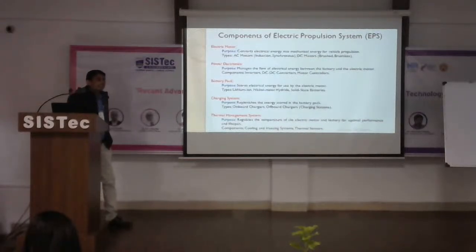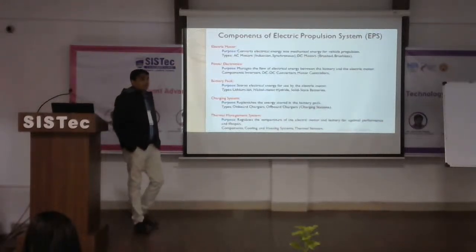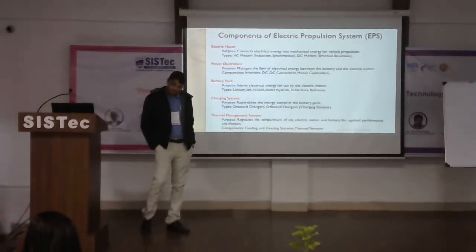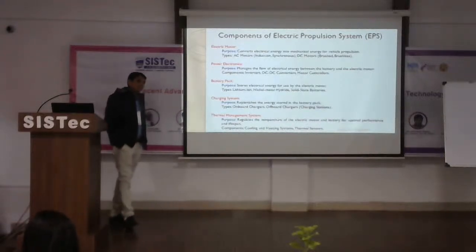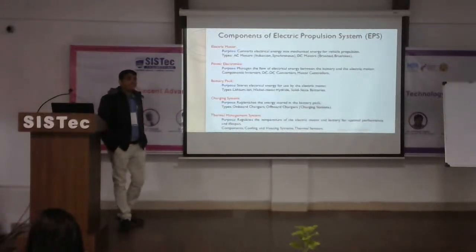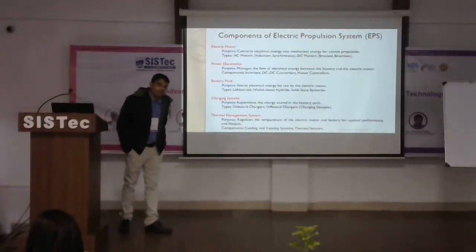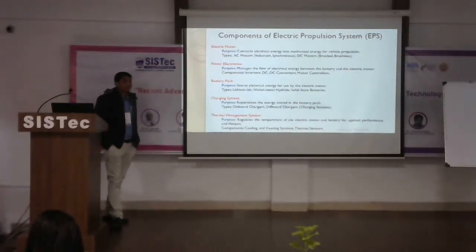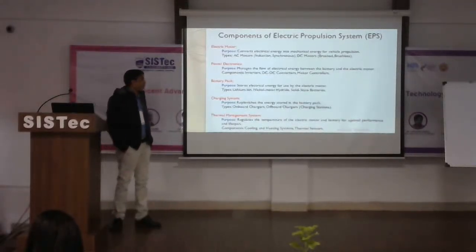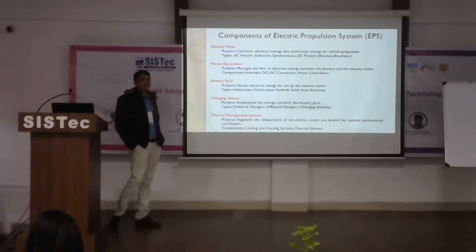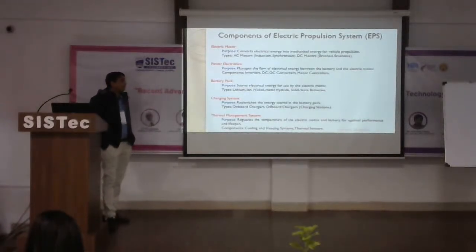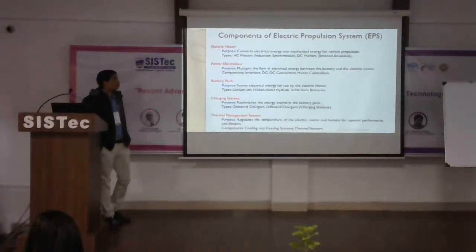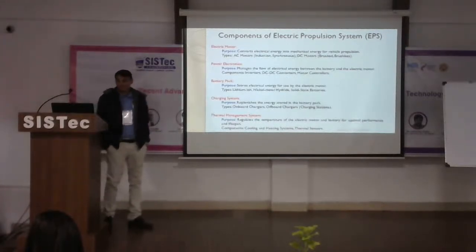Suppose in the starting, static thrust is required. Accordingly, that converter will provide the power to the motor, and in the steady state condition, it will maintain the power. And the low power operation condition will also be handled by these power electronics converters.